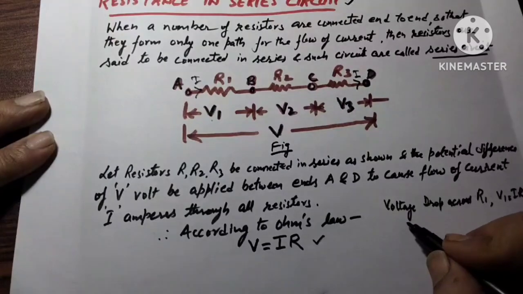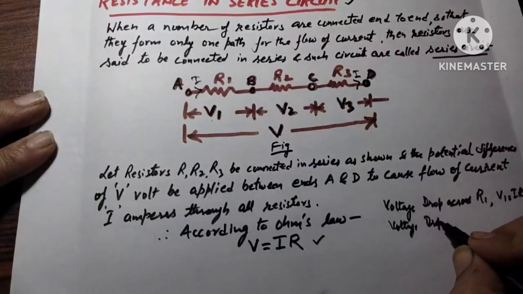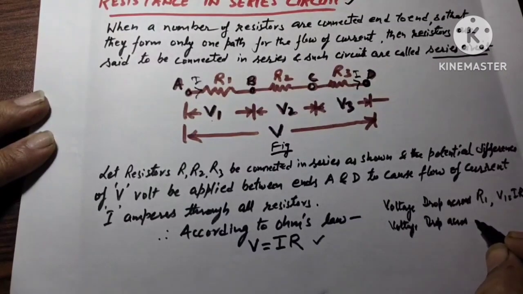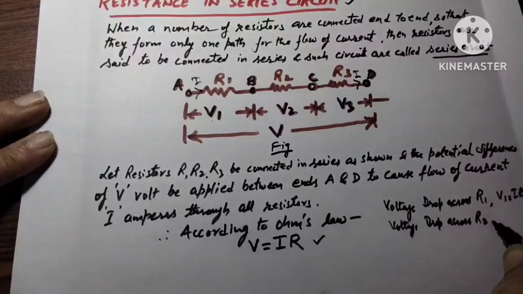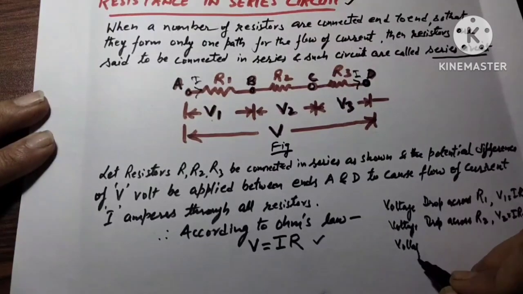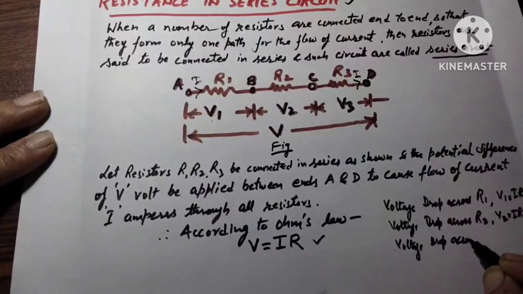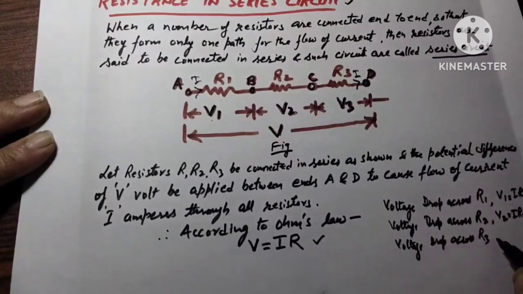Another, the voltage drop across resistor R2 is V2 is equal to I R2. Similarly, the voltage drop across resistor R3 is V3 is equal to I R3.